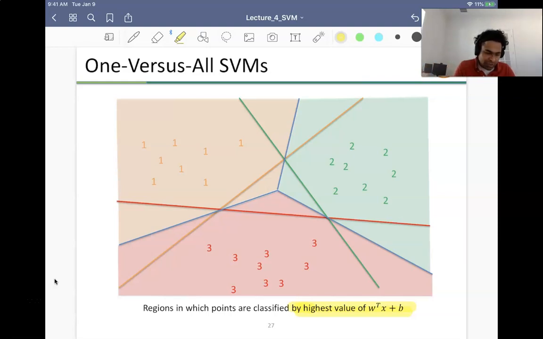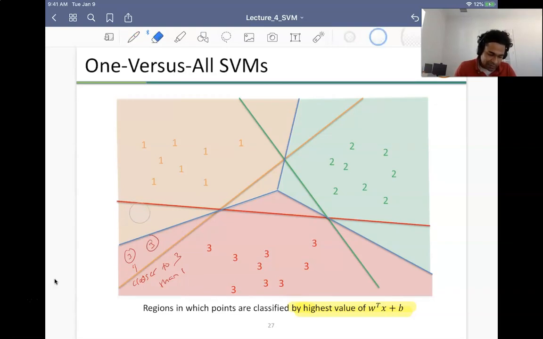Note, for example, this region over here is closer to 3 than 1. Similarly, this is closer to 1 compared to 3. So maybe I'll just call these 3 as well.